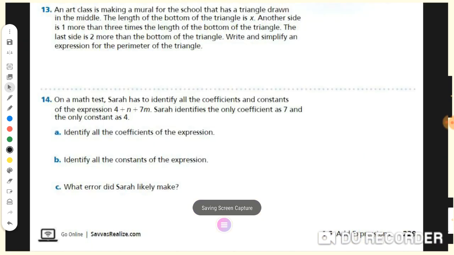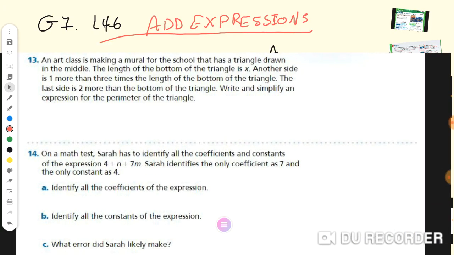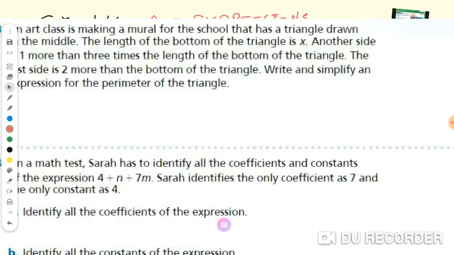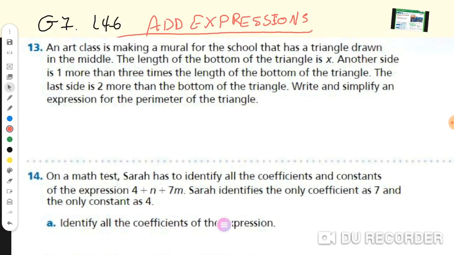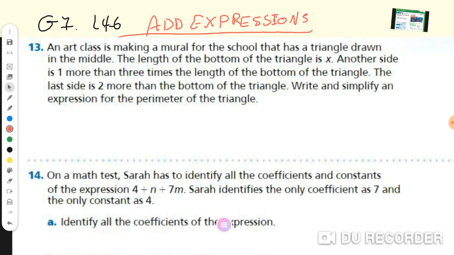The problem is talking about a triangle. As you see here, this is the problem, number 13. An art class is making a mural for the school that has a triangle drawing in the middle.